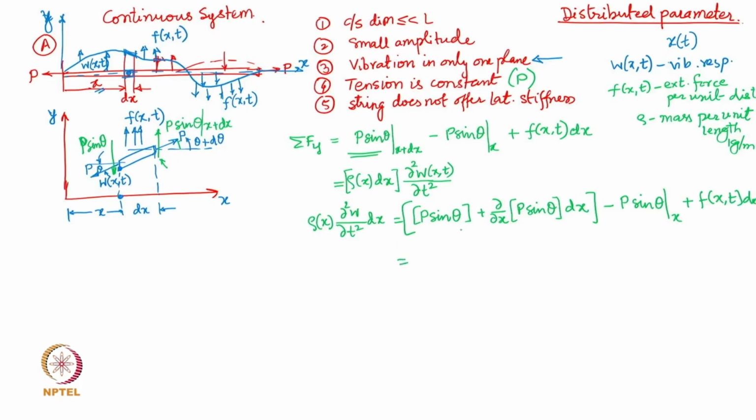Now these two terms cancel out of the equation, and then you are left with partial x of p sine theta.